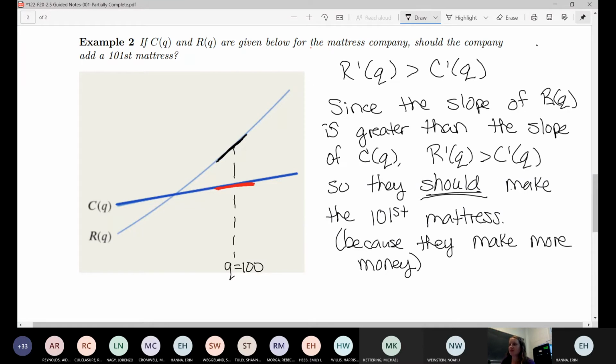Because the slope tells us that if we increase the x value by 1, in this context increasing the amount of items by 1, that value will tell us how much more profit, revenue, or cost we'll have to deal with. So we want to look at the amount of profit we will gain or lose from making the 101st. We look at the slope at 100 because the slope would tell us one more. Hopefully that makes sense.